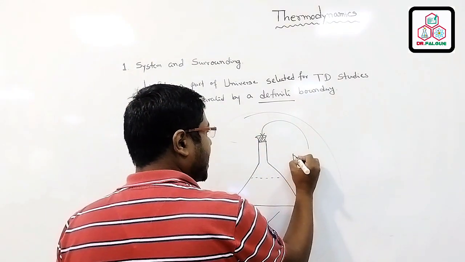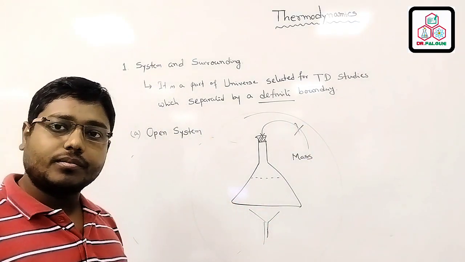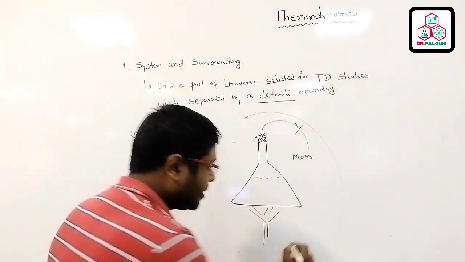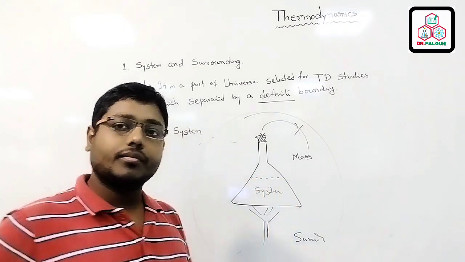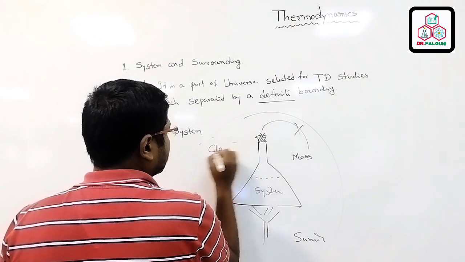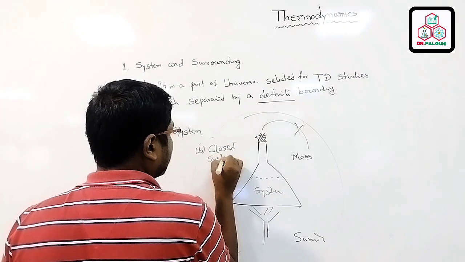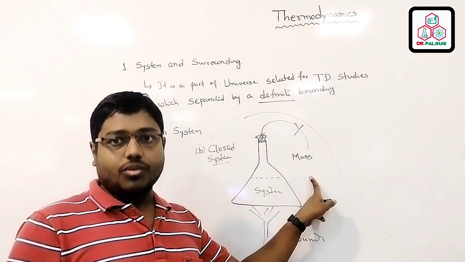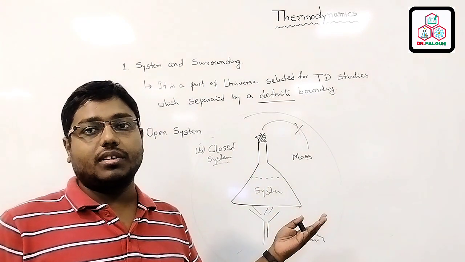That means mass transfer is not allowed. But if you add heat, heat can be transferred from surrounding to the system. That means it is called closed system. So in closed system, mass is not allowed to transfer, but energy is allowed to transfer.